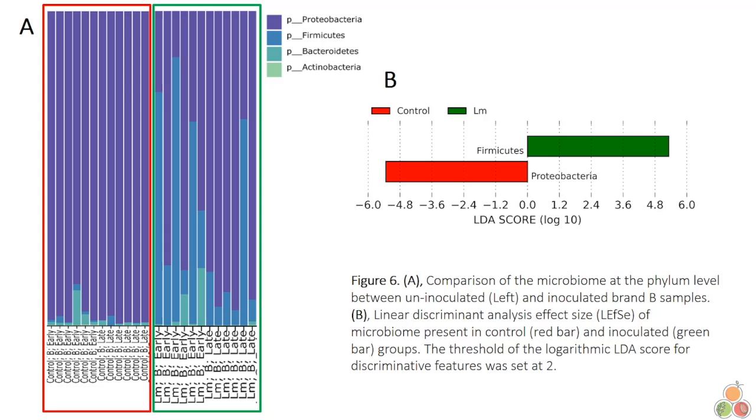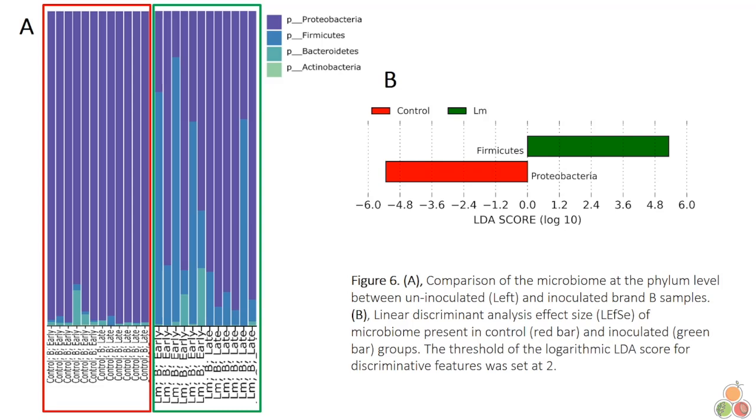So on the left-hand side, that's the control sample, which means they are not inoculated. On your right-hand side, those are samples inoculated with Listeria monocytogenes. You can see that after inoculation, the Firmicutes concentration goes up significantly, right? And when we do this comparison, the green box is inoculated, the red box is the non-inoculated, and the green box here shows whether their relative abundance significantly changed or not.